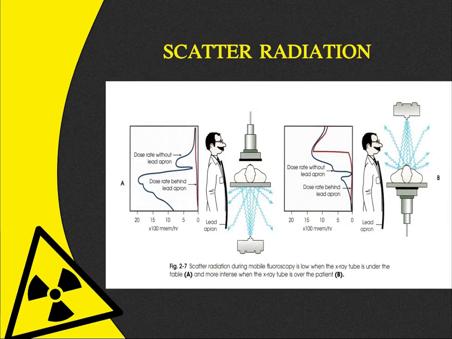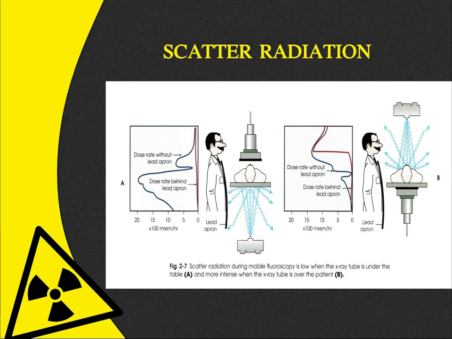Here we can see the scatter of radiation depending on the position of the tube. So if the tube is below the patient, most of the exposure or most of the dose will be below the table, and it will affect the lower part of the staff or the radiographer. As we can see here in the blue line, the dose rate without the lead apron. So that's why we use a lead apron when dealing directly with the patient.